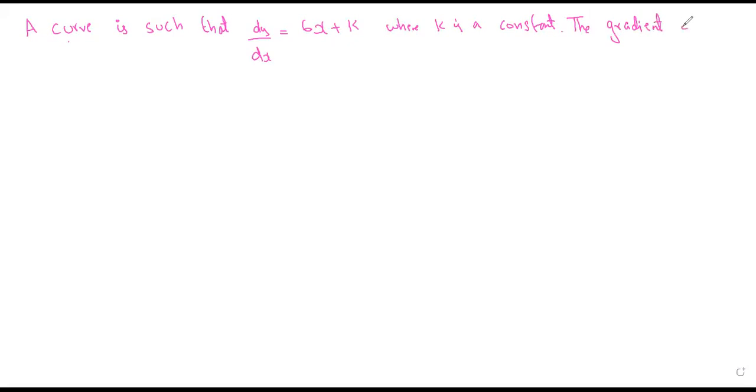The gradient of normal to curve at 1, minus 3 is 1 by 2. Find the equation of the curve. Now, this question is not for me, this question is for you.